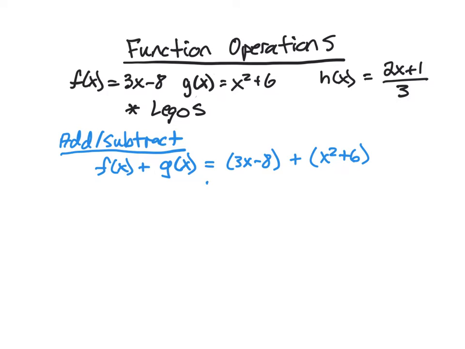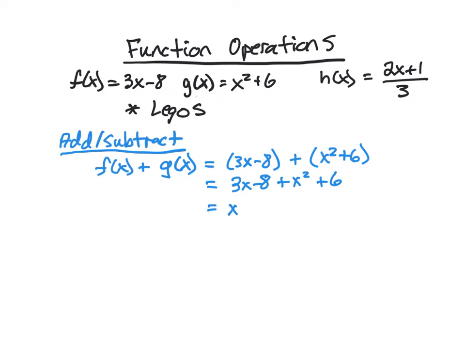Okay, so we don't want to leave the expression as that. We want to simplify it as best we can. So I've got 3x minus 8. And then when I distribute the positive through, it just keeps everything the same sign. So I've got x squared plus 6. All right, got rid of my parentheses. Now I'm going to combine my like terms, and I'm going to reorder it to put it into standard form of a polynomial.